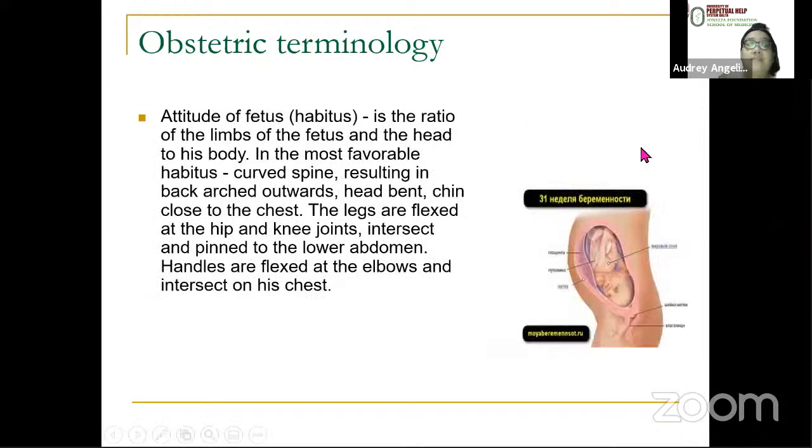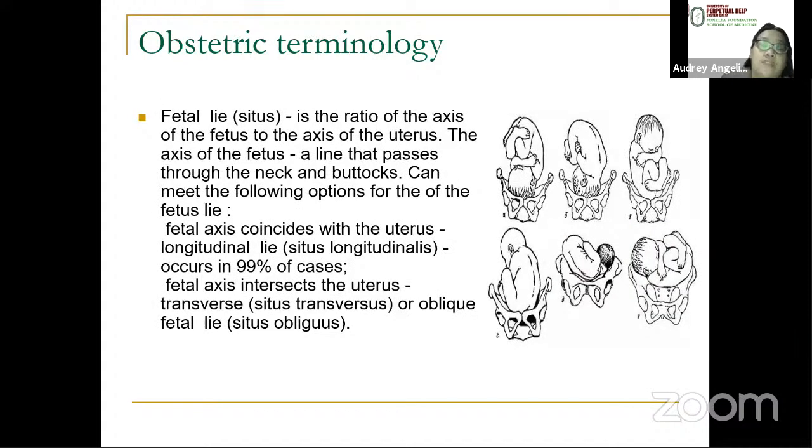Habitus, as shown in the slide, is the ratio of the limbs of the fetus and the head to his body. So most favorable would be the curved spine. So legs are flexed. So hands are flexed also at the elbows and intersect on chest. So fetal lie, so you would have your cephalic, you have your breech, you have your transverse, you have your shoulder presentation.